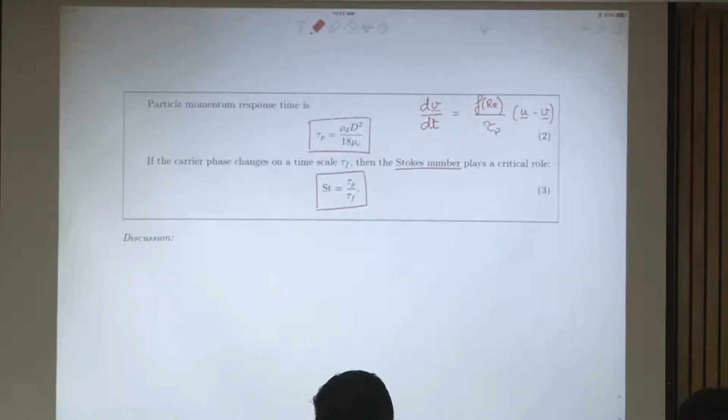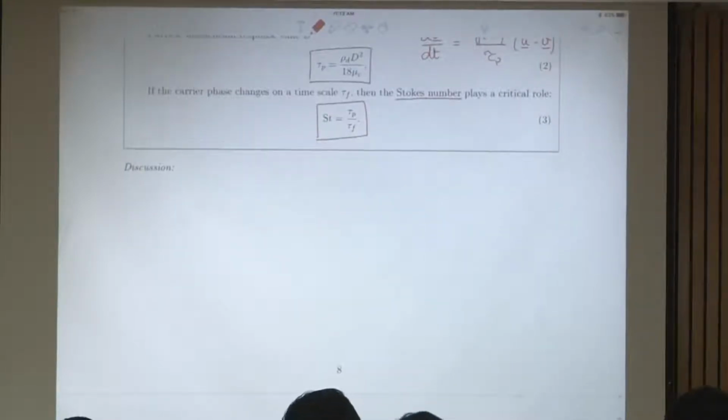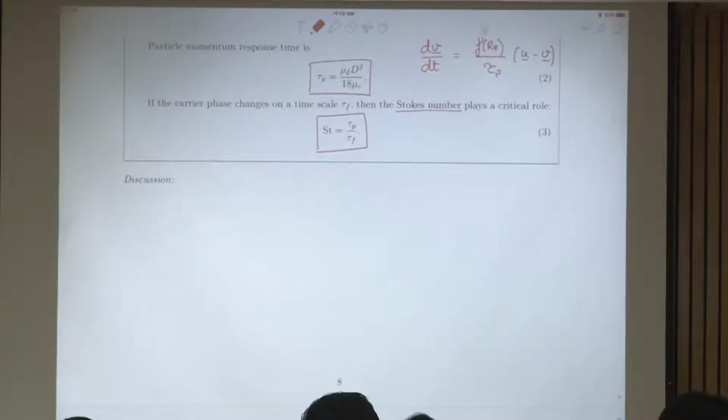If the fluid time scale is tau f, for example, we argued in our toy problem that this would correspond well to the inverse of the shedding frequency of our von Karman vortex street. Then the ratio of the particle response time to the fluid response time would be the definition for the Stokes number. That's going to tell us the level of coupling between the fluid and particle dynamics.